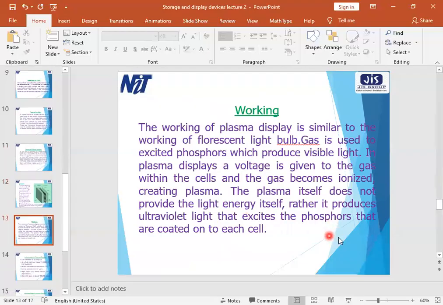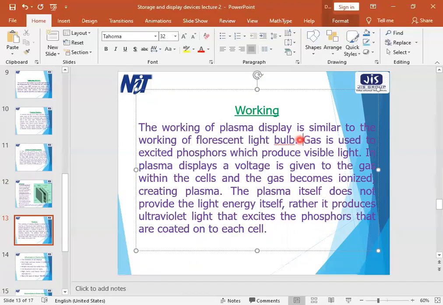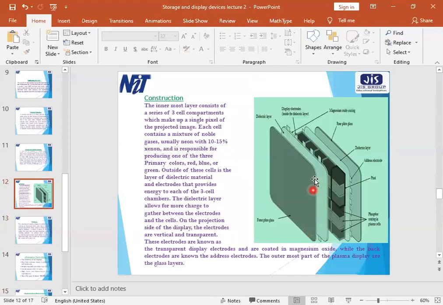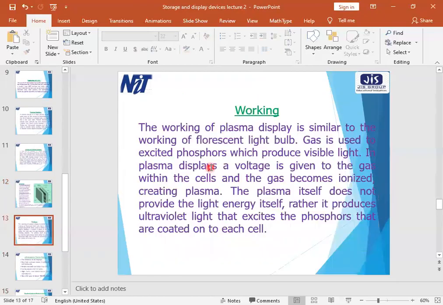Now the working of plasma display is similar to the working of fluorescent light bulb. How the fluorescent light bulb works: when the electrical energy is supplied to it, then the display occurs. So same thing will be used here. Gas is used to excite phosphorus, which produces visible light. In plasma display, a voltage is given to the gas within the cell. What gases are there? These are the neon and xenon gases. They are given a potential difference. So when potential difference is given to the gas within the cells, then the gas becomes ionized.